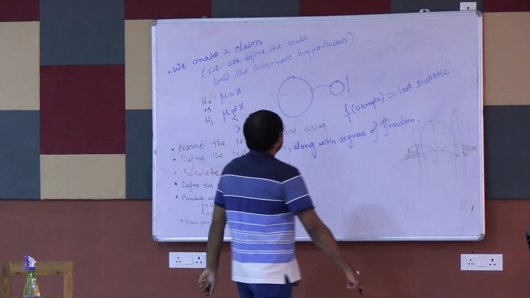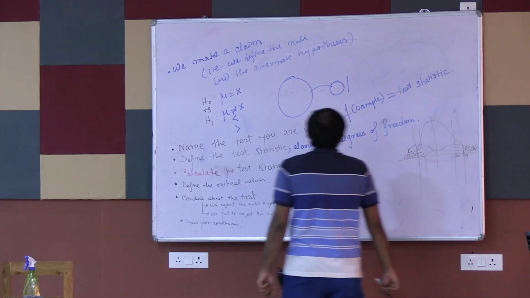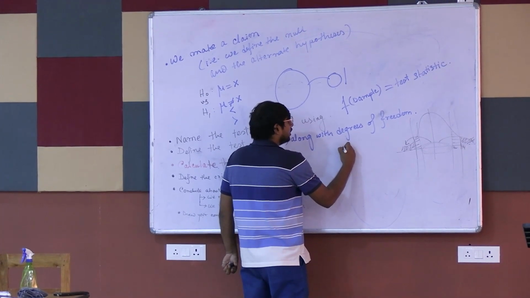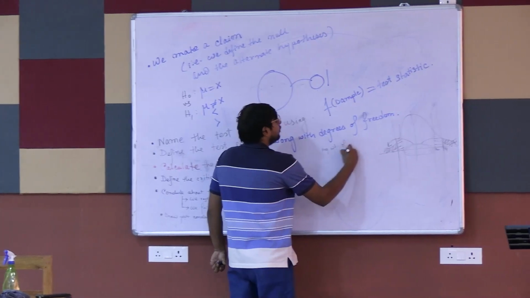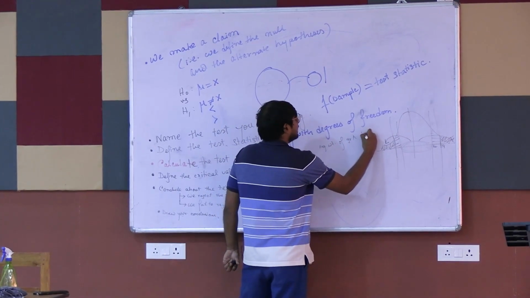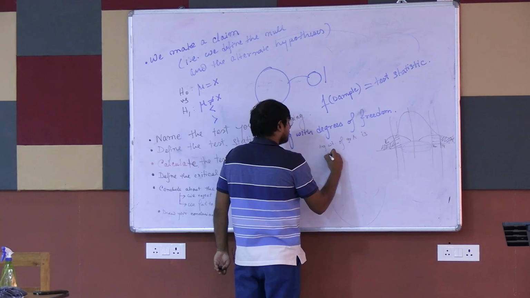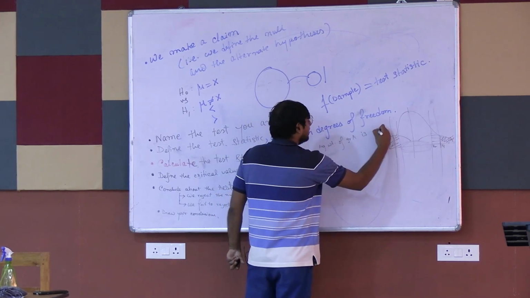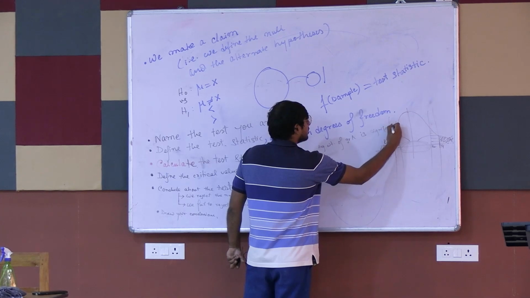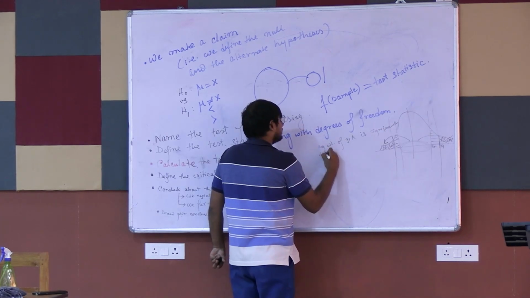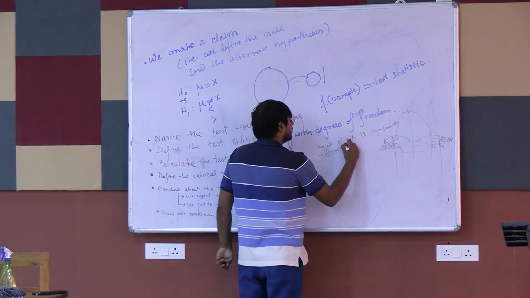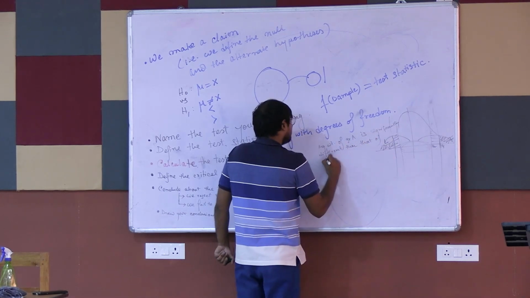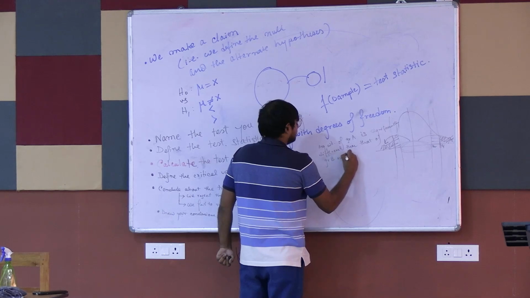Now, what is the conclusion out here? Say the question has given us that the average weight of group A is significantly different than that of group B or not.